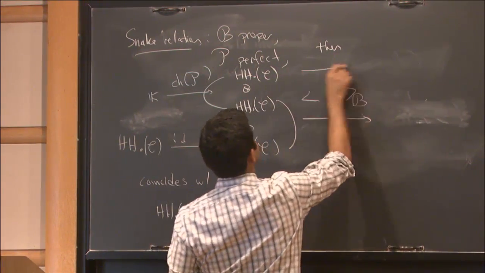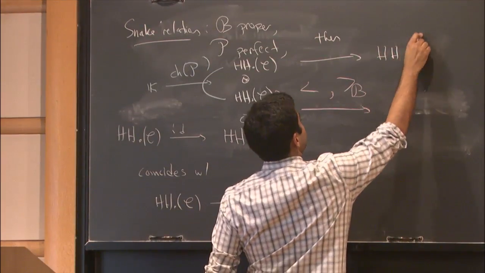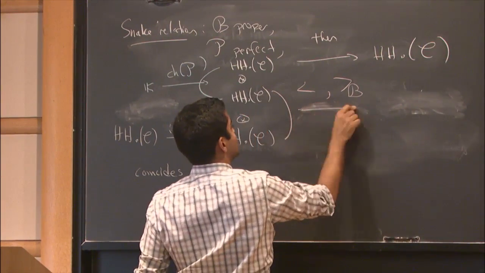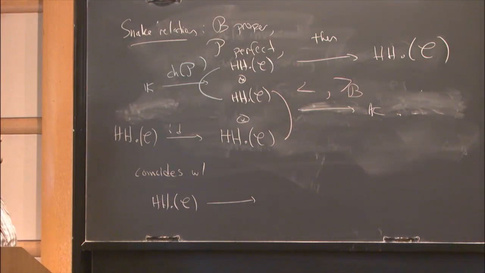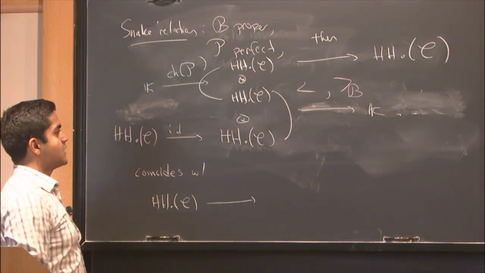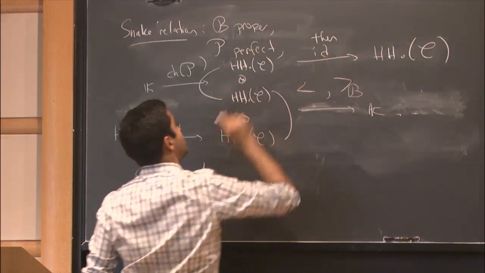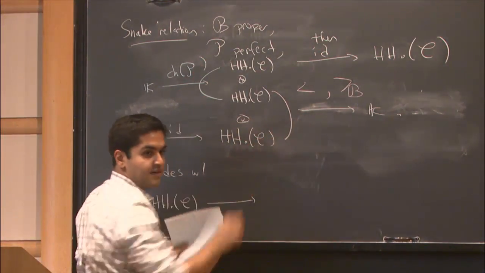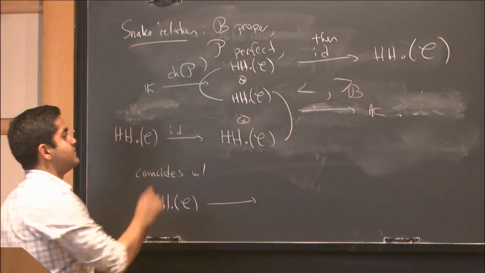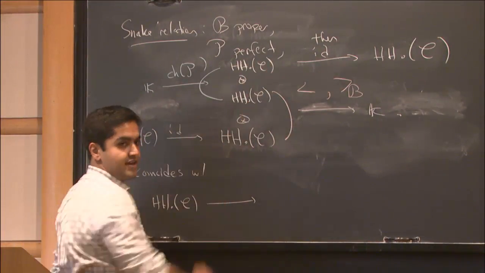Maybe I should have written this up here. And that goes to K. Okay, so this is the identity. So I introduce 2 factors to the left and then contract the 2 factors on the right. And it looks like this snake.